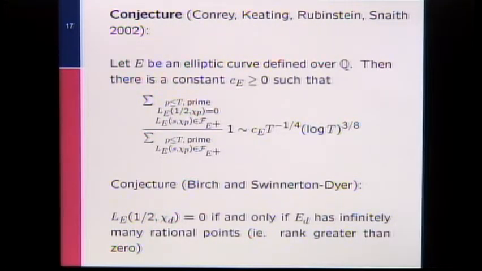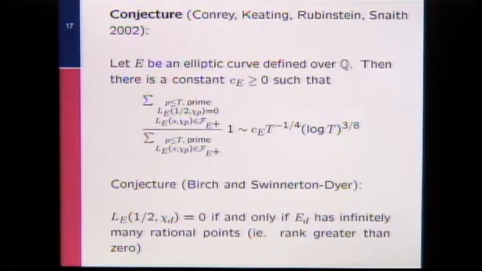So we've got D or P up to some cutoff T. We're counting the L-functions that are 0 at the point one half, over all the L-functions in the family. So we're looking at the proportion of L-functions in the family that have a 0 at the point one half. On this side, we get a prediction which comes from the shape of this purple curve, the random matrix theory curve, in this region on this side of the cutoff.